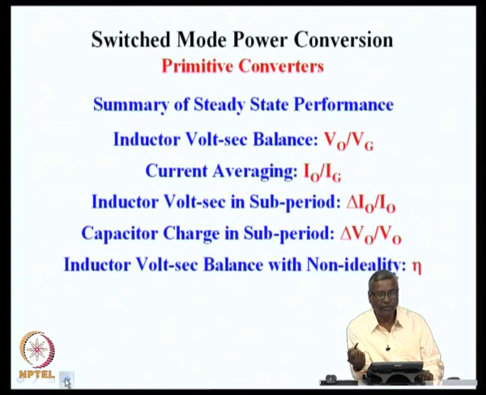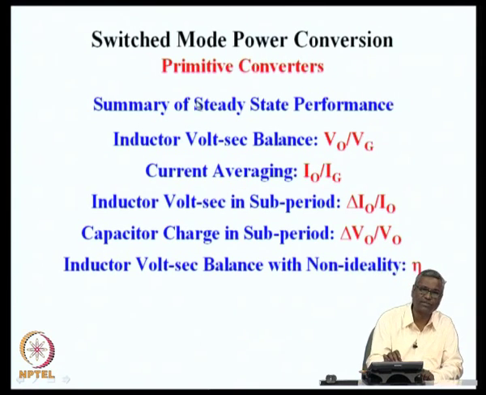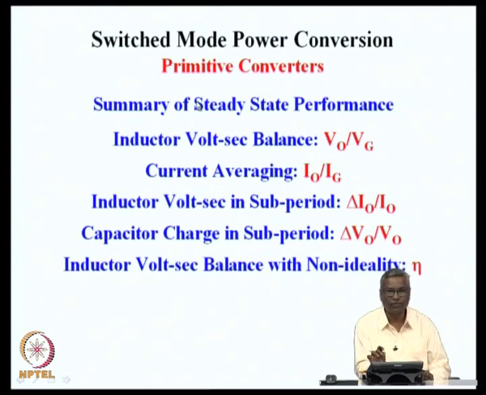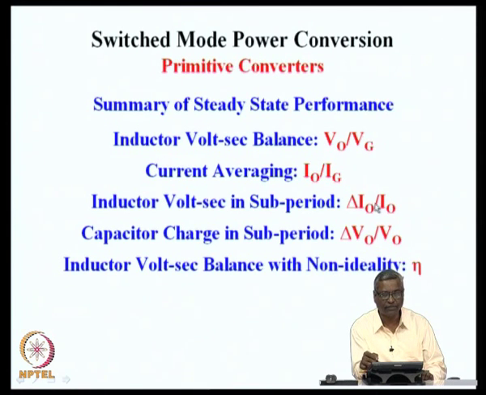The converters that we are going to study in the next few sessions will be extensions of this primitive converter. In the primitive converter, we have learnt several interesting things. We had understood the ideal steady state performance functions. We had understood the non-idealities associated with the inductor current.